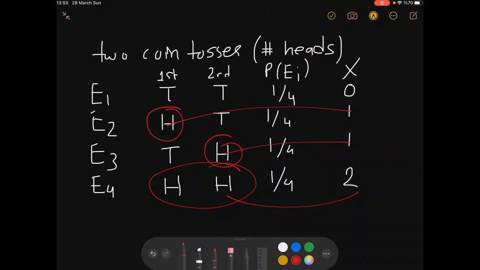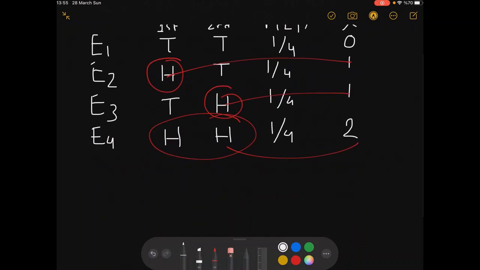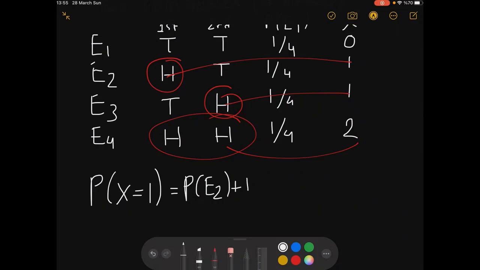Now, as we see from the table, you can write it directly like this for any given random variable. The probability of X equals 1 would be the probability of the E2 element plus the probability of the E3 element, which would give you 1/4 plus 1/4, which is 1/2.